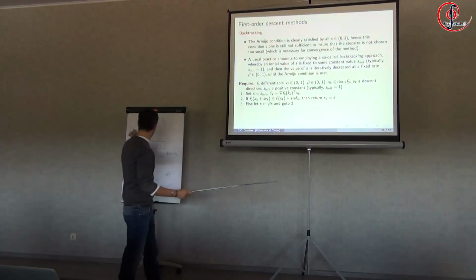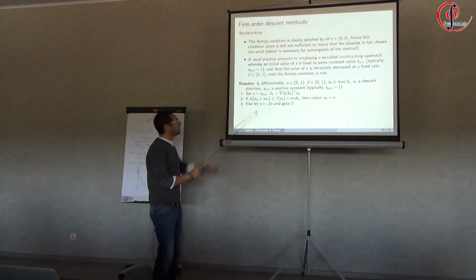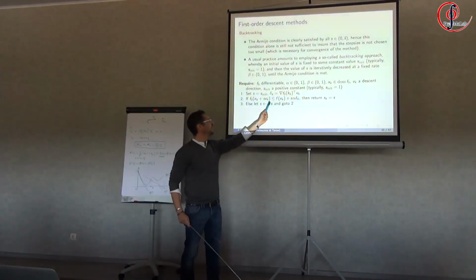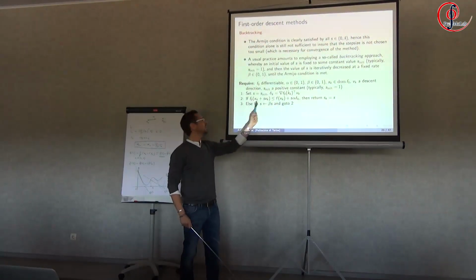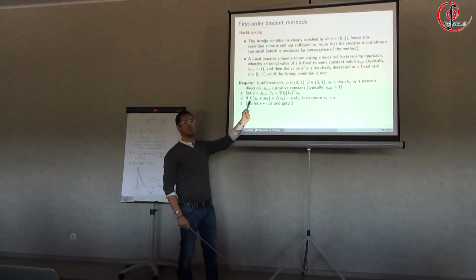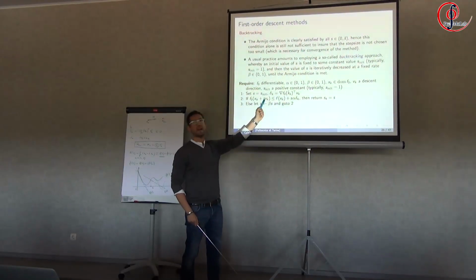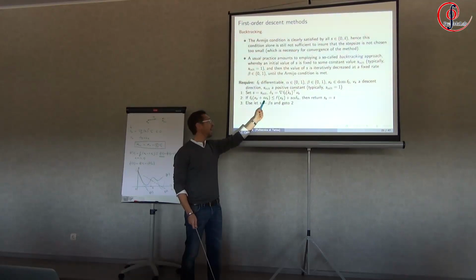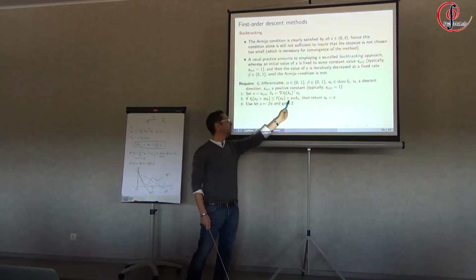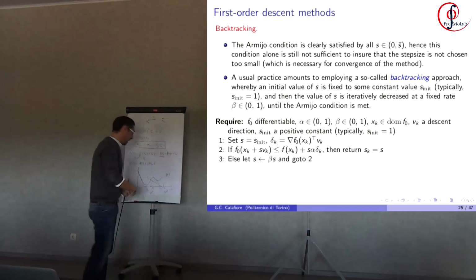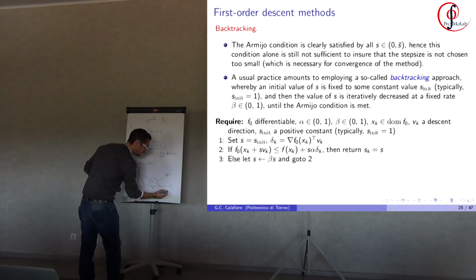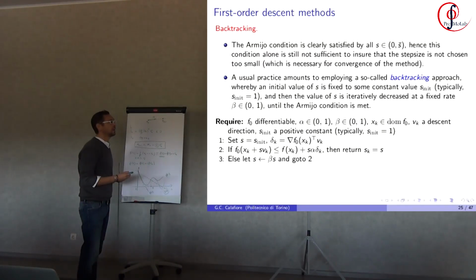Okay, delta K is this delta K here. So we check the Armijo condition. We check if the value of the function, this is phi actually, so this is phi of S, we check if phi of our current S is below the line L bar for our current point.